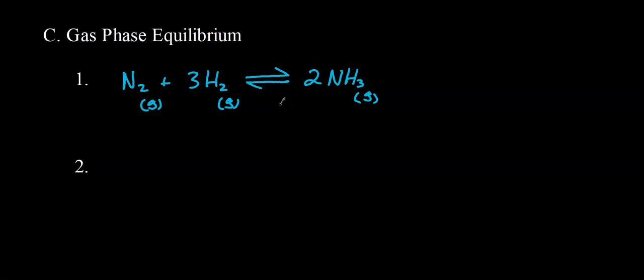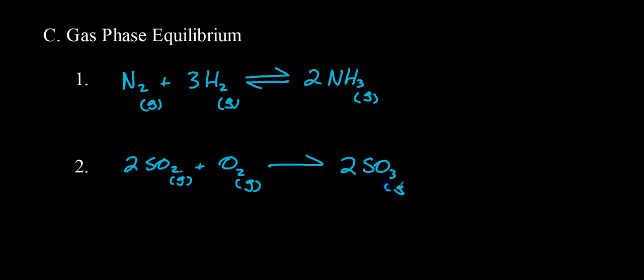So this is also an equilibrium system. What if you took some sulfur dioxide gas and mixed it with oxygen gas? They would react to produce sulfur trioxide gas, which, like in our previous example, can react to reform sulfur dioxide and oxygen gases. So gas phase equilibrium, where everything in that system is a gas.